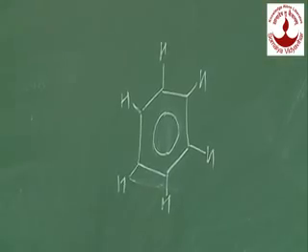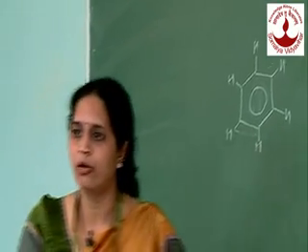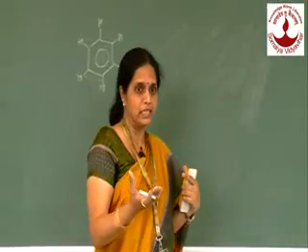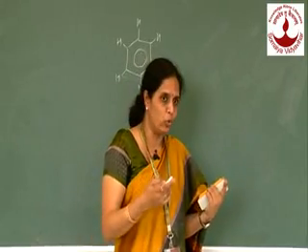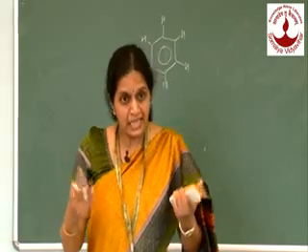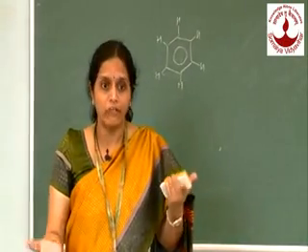Now this pi cloud of electrons, although they belong to a stable aromatic nucleus, in spite of that they are available for reaction with a very strong electrophile. Now what are electrophiles? Electrophiles we know are electron deficient species. Now as they are electron deficient, they are electron loving.